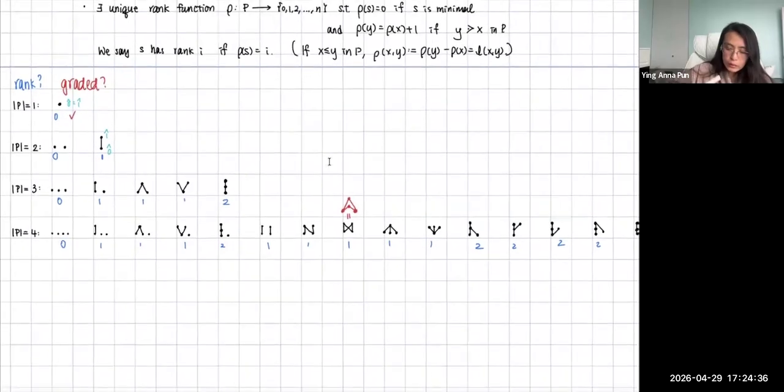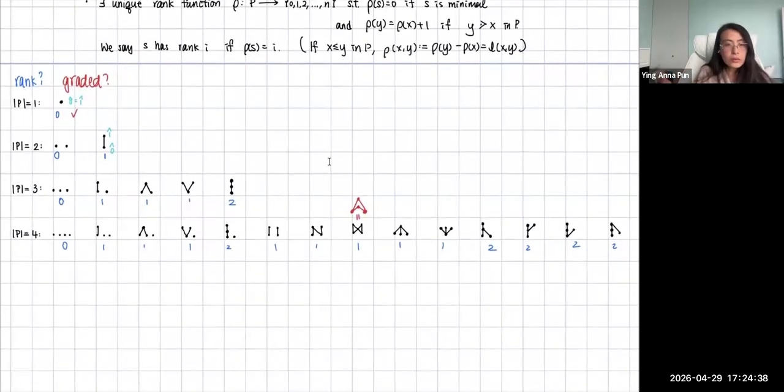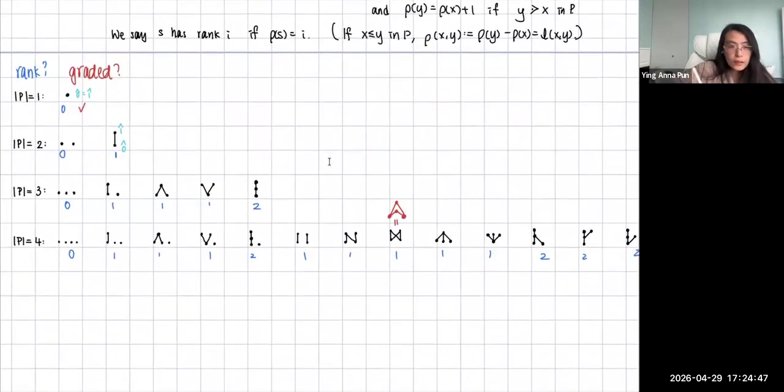But are they graded? Meaning, is it true that all the maximal chains have the same length? So for example, here, this guy is graded because this is a chain, this is a chain, these three are chains themselves, all of the same length.